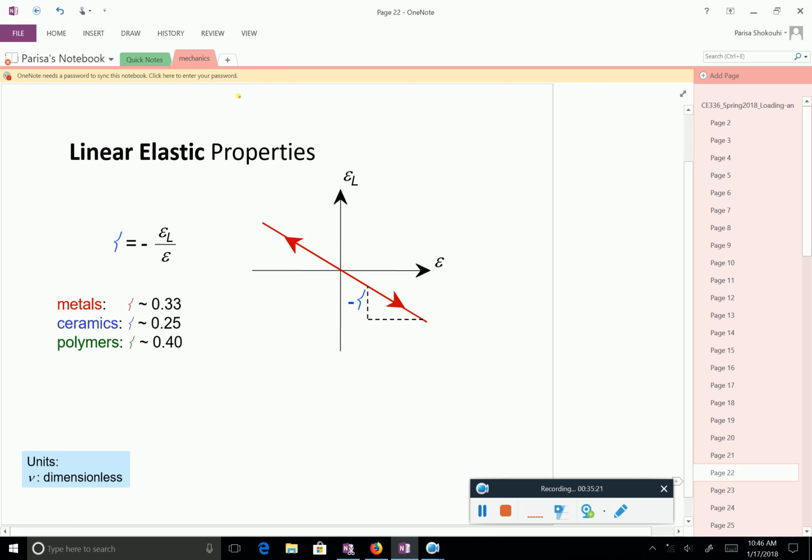And we said that we need at least two parameters to describe linear elastic materials. Not one. And the second one could be Poisson's ratio, which looks very strange in my slides right now.